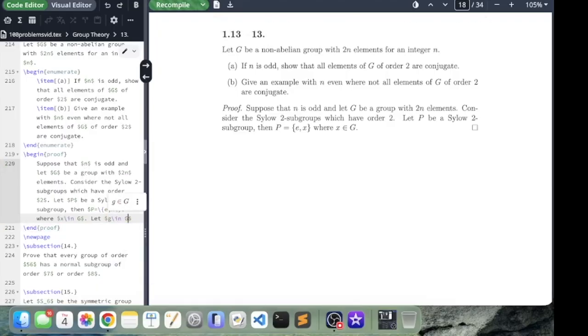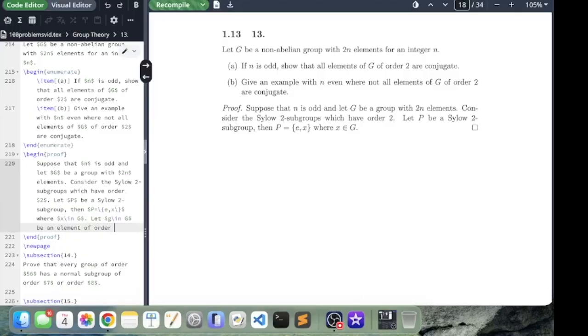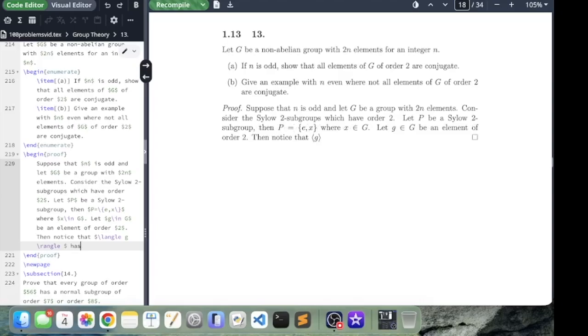So let g in G be an element of order 2. Then notice that the cyclic subgroup generated by g has order 2 and is a Sylow 2 subgroup. And we know that Sylow p-subgroups are conjugate with Sylow p-subgroups.